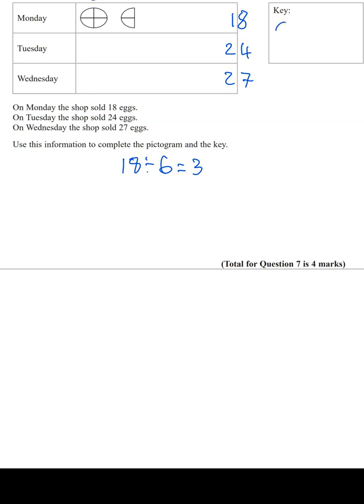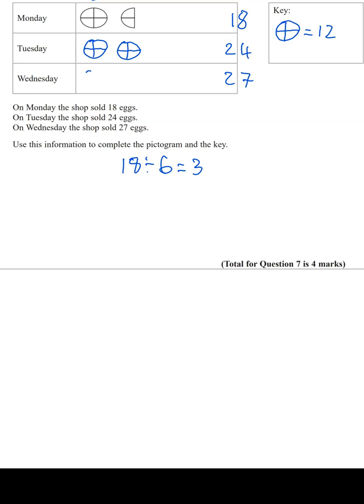So actually, let's do our key now. A complete circle with all 4 quarters is equal to 12. Is this 12 eggs? Yeah. Okay. And then for Tuesday, we've got to do 24, which is basically 2 12s. So we need 2 circles. Try and draw them as best you can. It needs to be nice and easy for the person to mark. And then we need 27.